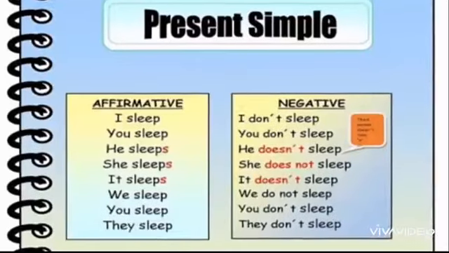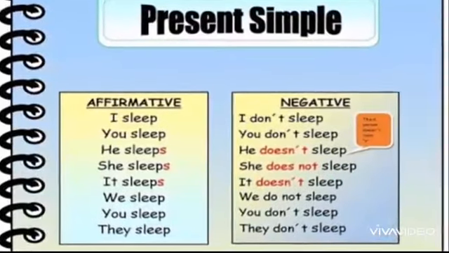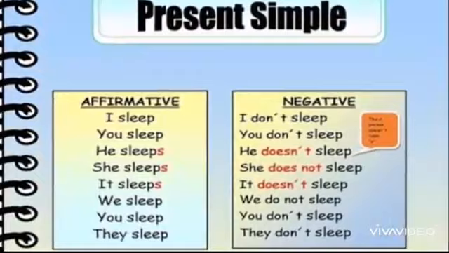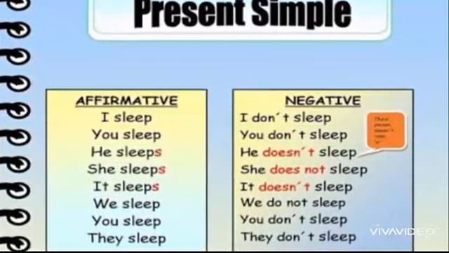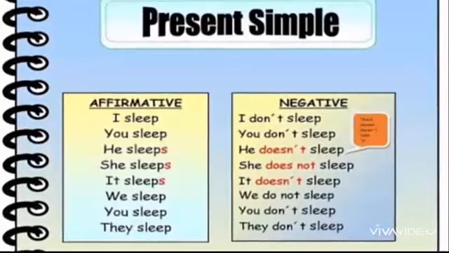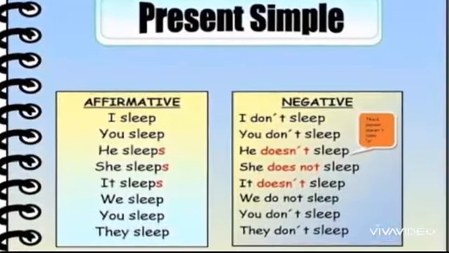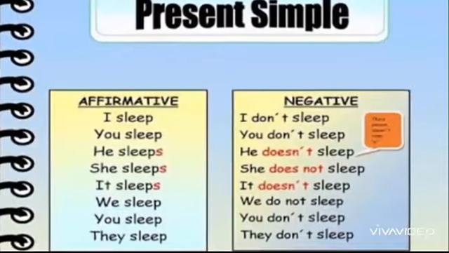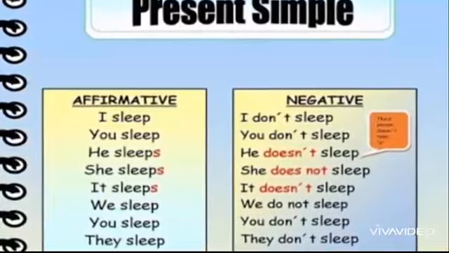Let's move to the form of the simple present tense. تكوين زمن المضارع البسيط. As you see in the picture, the verb in the affirmative form is added to s with the pronouns he, she, and it.